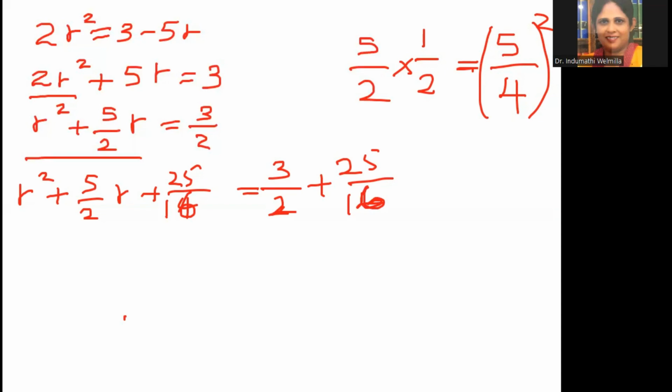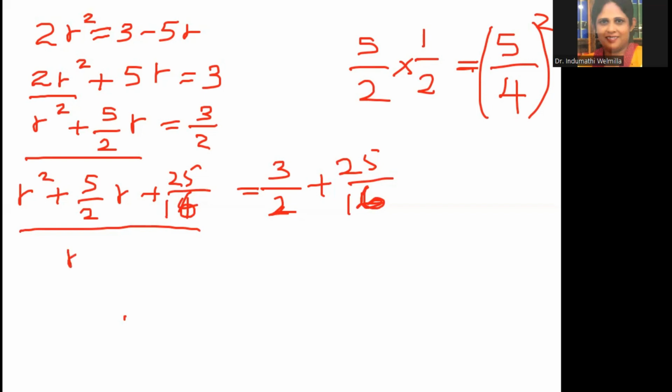Now check, considering these three terms, r squared plus 5 over 2 r plus 25 over 16. With this quadratic expression, we can write it as a completed square. How?